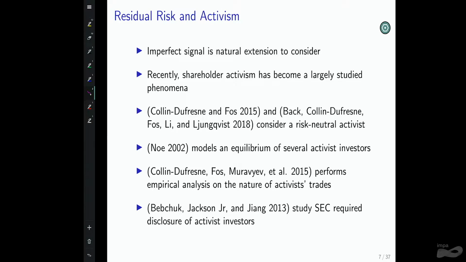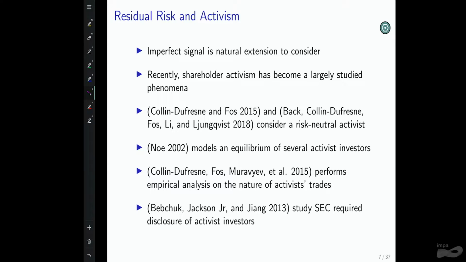Some examples of work done in this. The first 2 points here highlight some papers that study different equilibrium models that incorporate shareholder activism of some type. The bottom 2 points here do a lot of empirical studies on the sequences of trades around agents that are identified as activists.